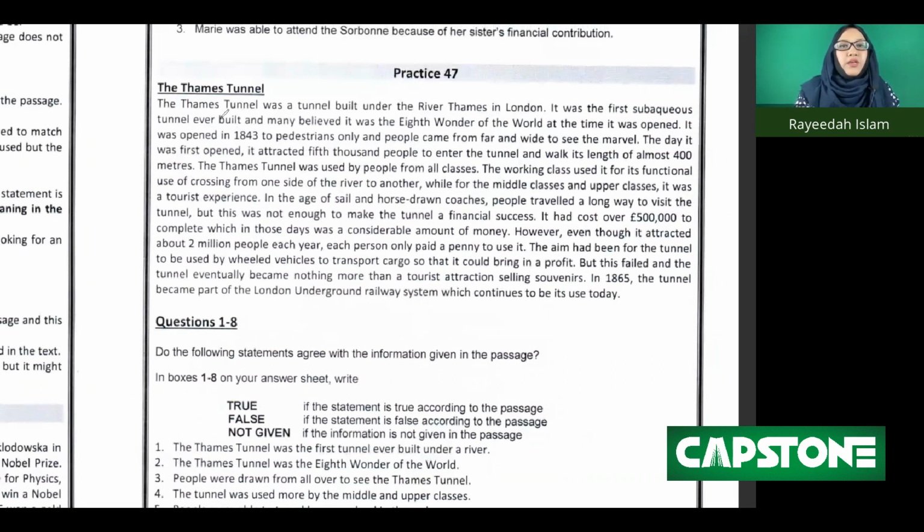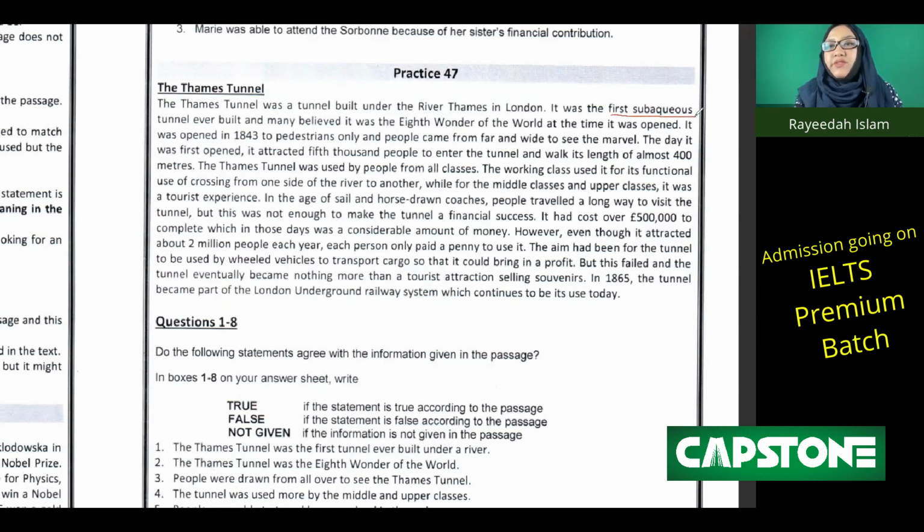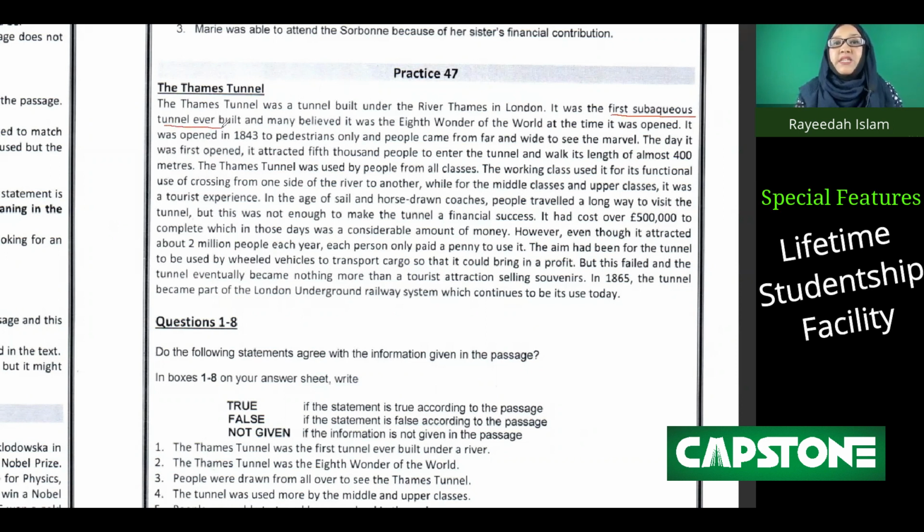All right. So first of all, the Thames Tunnel was the first tunnel ever built under a river. The Thames Tunnel was a tunnel built under the River Thames in London. It was the first subaqueous. So you see, এখানে ওরা বলছে কিন্তু that this was the first subaqueous tunnel ever built. So this was the first ever tunnel ever built.